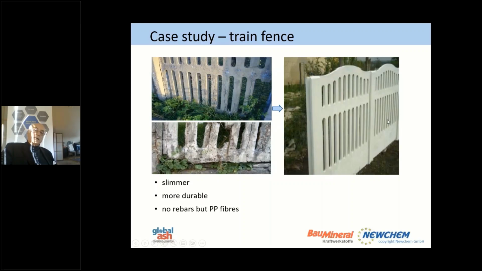These elements can be laid by 2 people on the place, and because they are very lightweight, you don't need so many trucks. And in the end, because you don't need so much material, you are sparing on cement, sand, and other aggregates, and you have a good CO2 reduction, and you become cheaper.